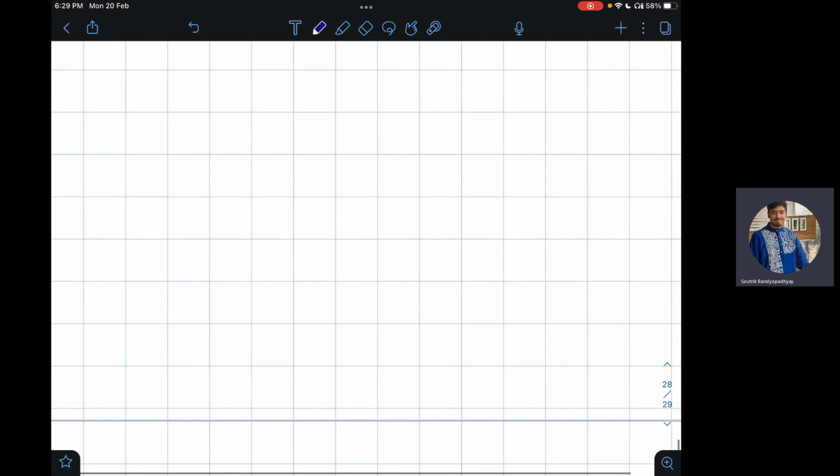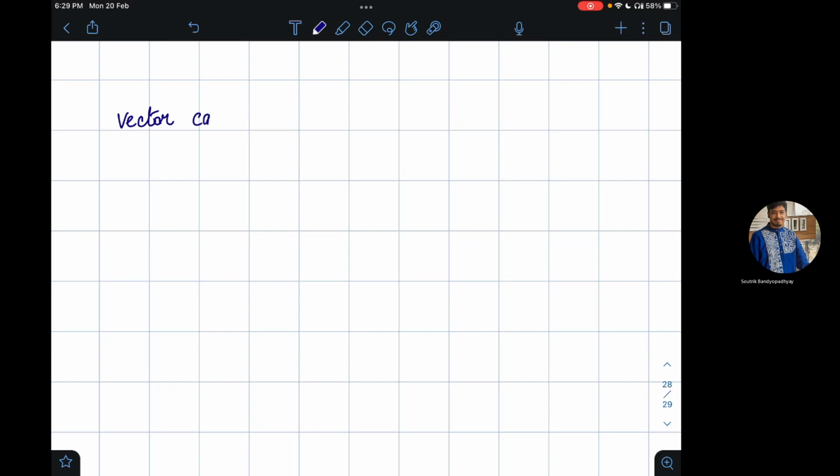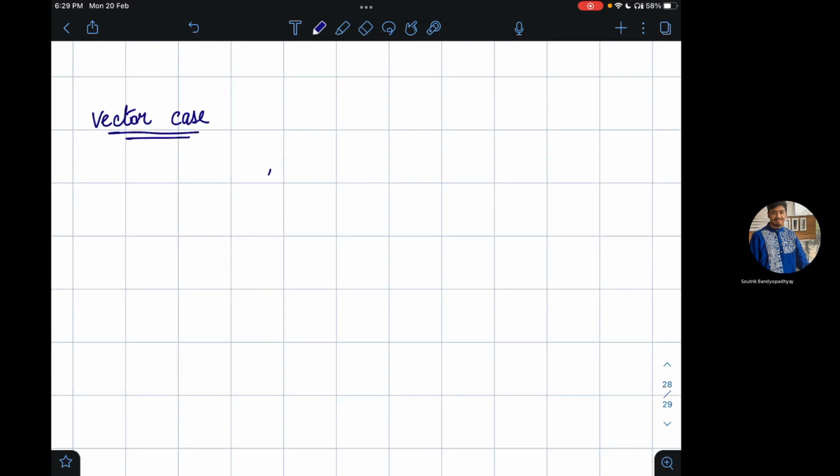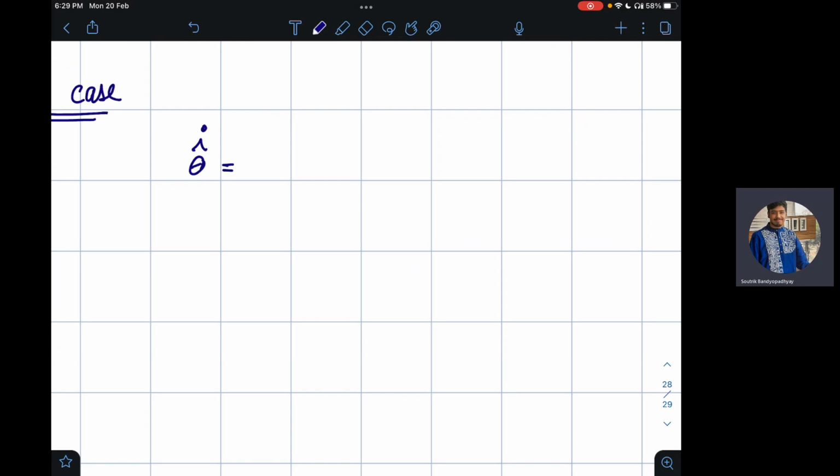Now let's look at a complex example and how this is done in practice. Suppose in the vector case, I have some theta hat dot, let's say theta hat dot is some gamma times, let's not focus on the gamma first.